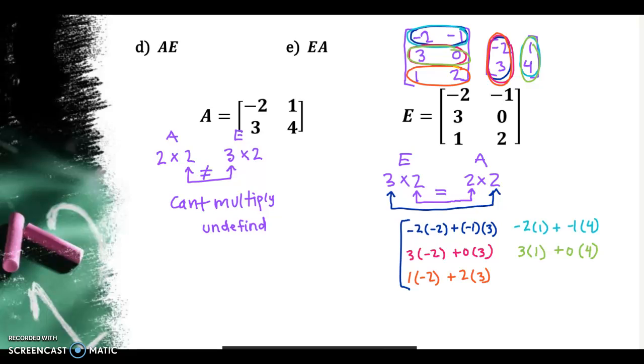And then we'll have a third row and second column is 1 times 1 plus 2 times 4. So that finishes off my 3 row by 2 column matrix, and I end up getting -2 times -2 plus -1 times 3 is 1. And then I'll get -6 and 4. Those are the entries in my first column. Then my second column will be -6, 3, and 9.